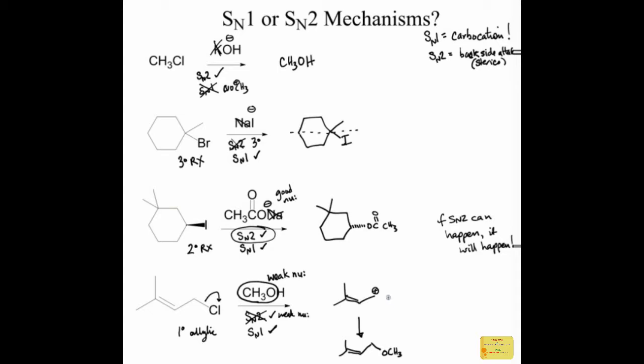Okay, but there's something else that's interesting about this carbocation intermediate. Because it is allylic, it is resonance stabilized. And when we draw the other resonance form that's possible, we find that we have a different, unique carbon that is electrophilic. And my methanol, my nucleophile can add there as well.